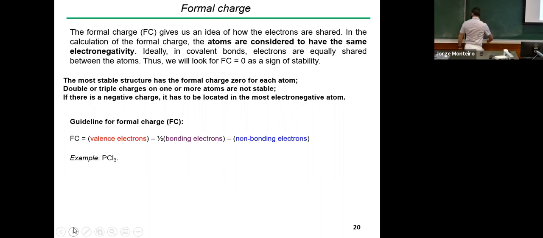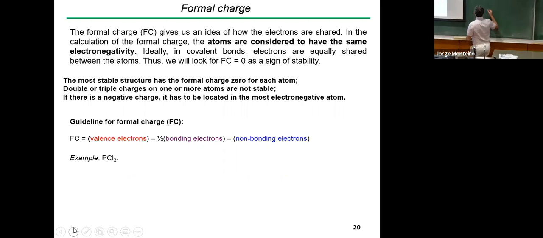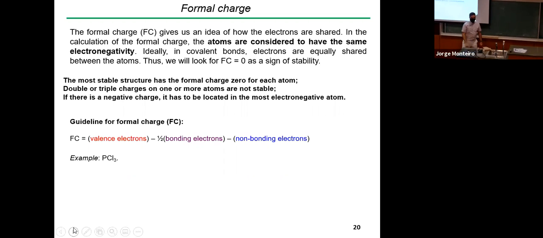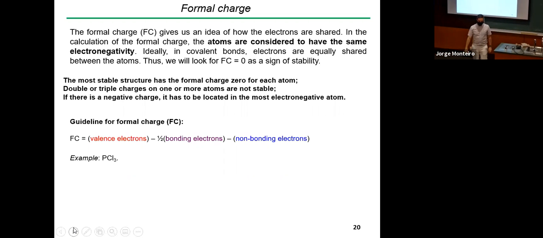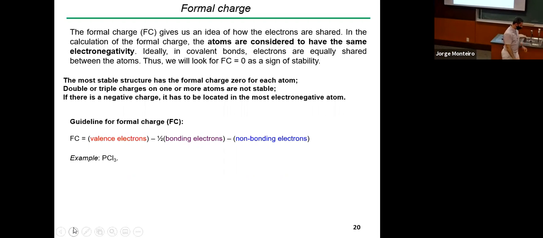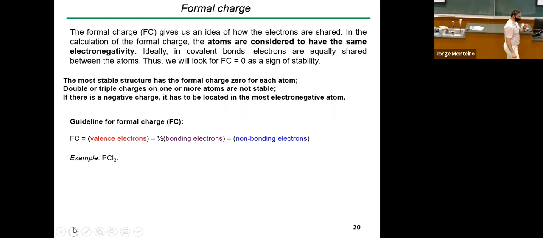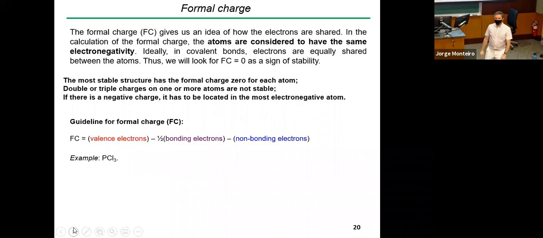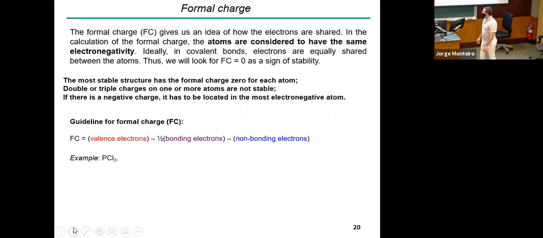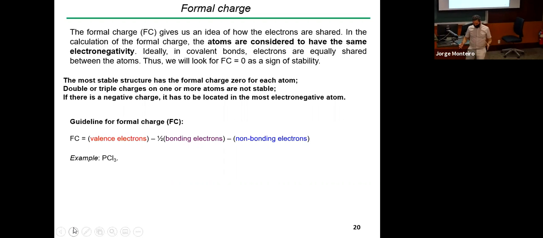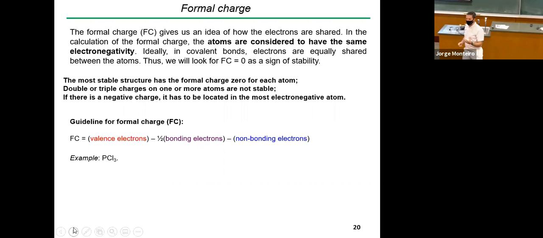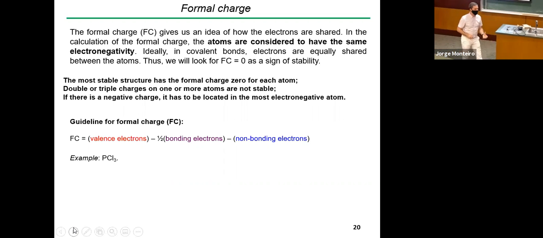Okay, so that's a good time to talk about the sulfate ion. Okay, so sulfate has a lot of electrons, and our goal is to determine the most stable structure.